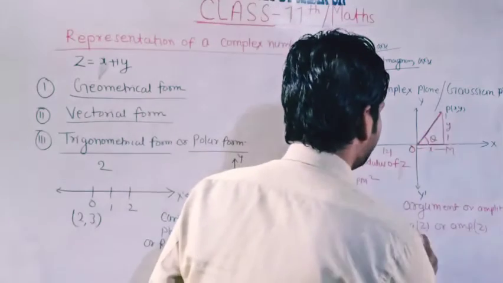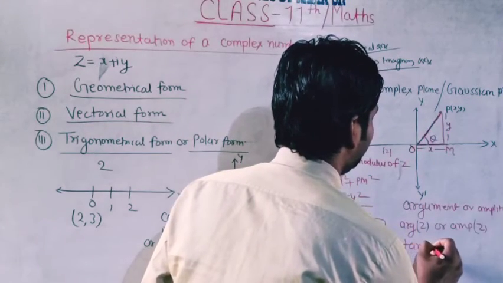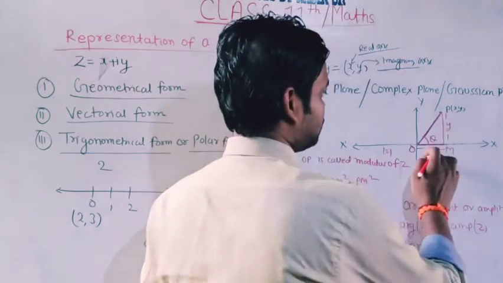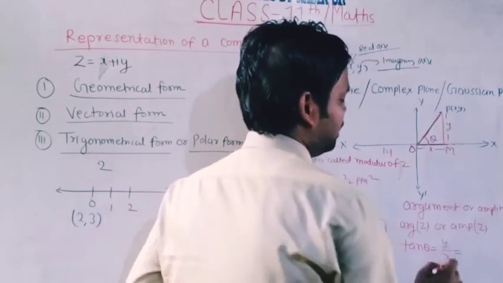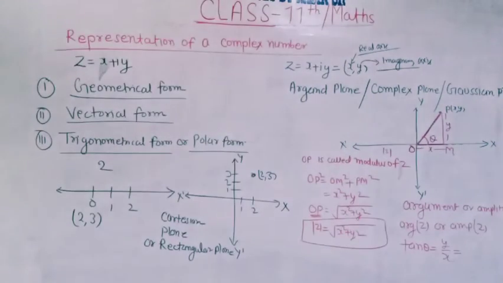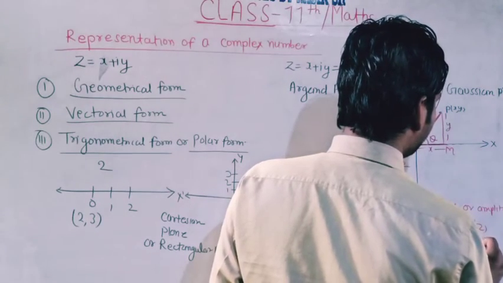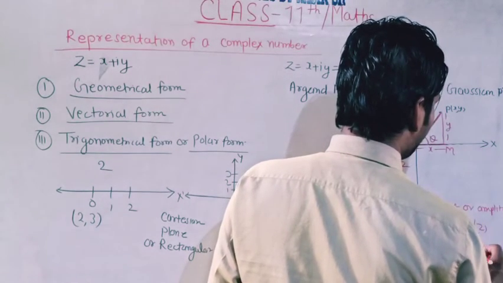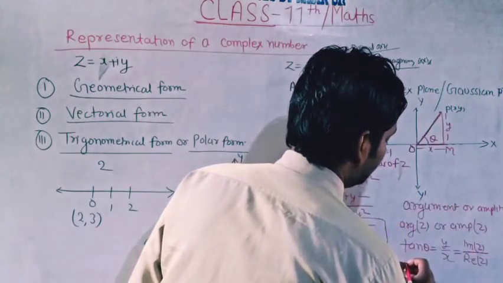The angle theta is calculated by the formula tan theta equal to y upon x, perpendicular upon base. Here y is the imaginary part and x is the real part, so tan theta equals imaginary part of z upon real part of z.